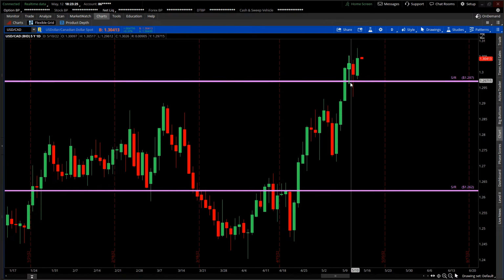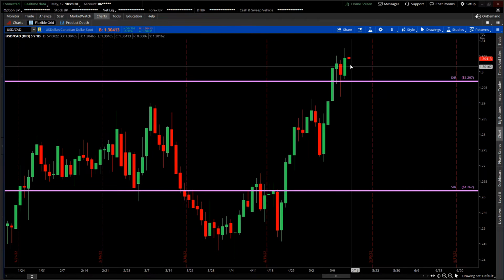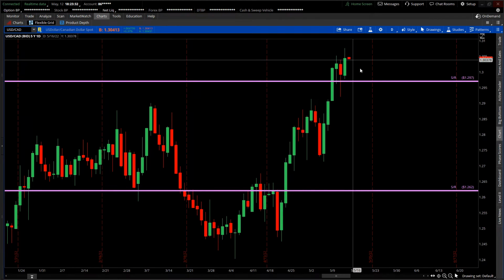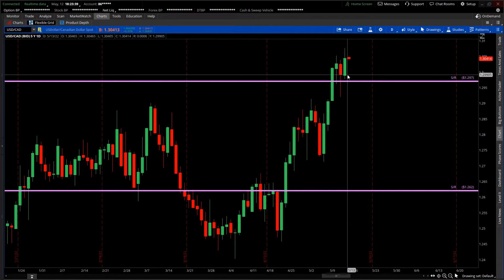So now that price is above it, I'm anticipating that price may begin cooling off just a little bit and may pull back to maybe retest 1.297 over the next few days.